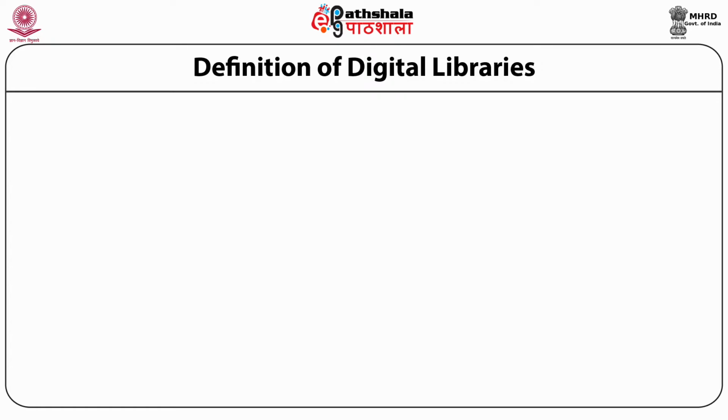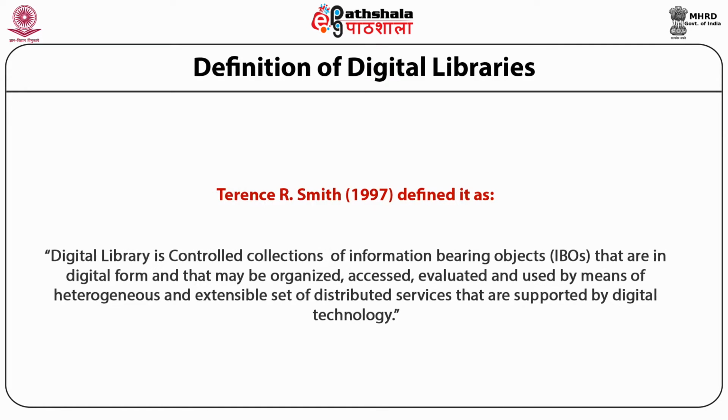Let's go to yet another definition by Terence R. Smith, who defines digital library as a controlled collection of information bearing objects that are in digital form and that may be organized, accessed, evaluated and used by means of heterogeneous and extensible set of distributed services that are supported by digital technology.